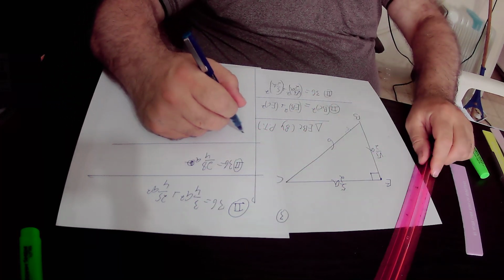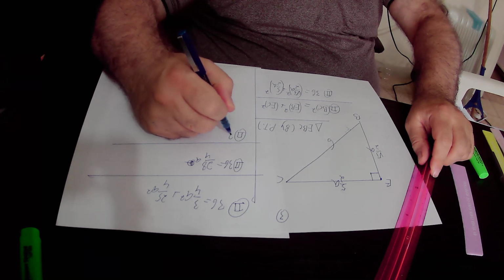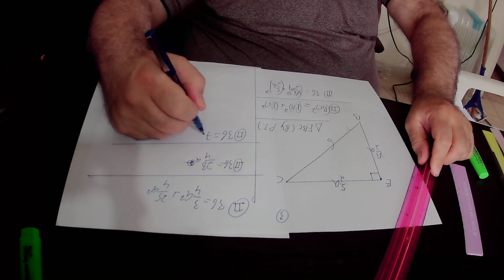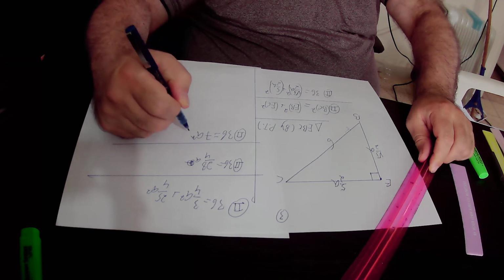So 36 equals 28 over 4, which is 7, so it is 7A squared.